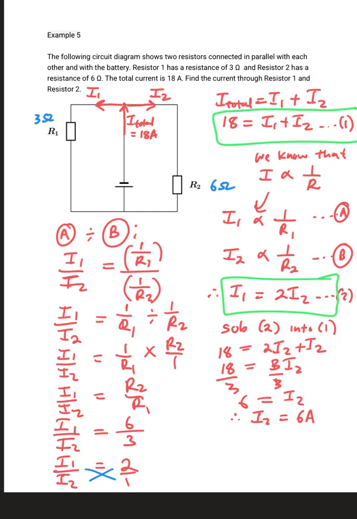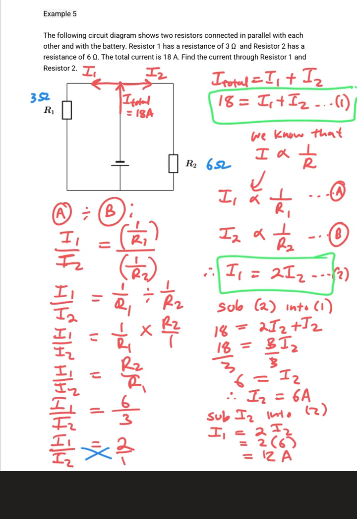And now we're going to substitute I2 into equation 2. Where we see I2, we put 6. So I1 is equal to 2I2, and 2 times 6 gives us 12 amperes. This is I1.